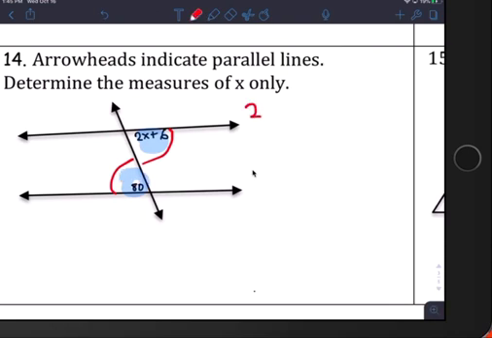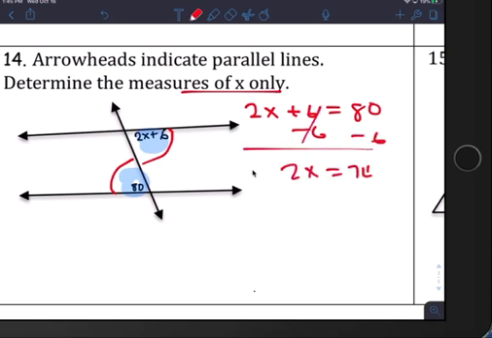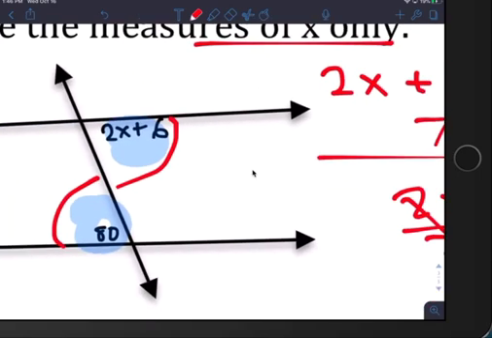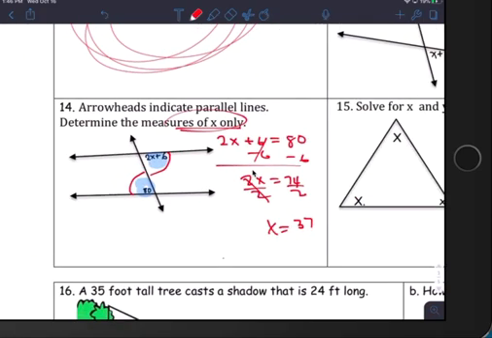So you put 2x, you're solving for x only, plus 6 equals 80, minus 6 minus 6, 2x equals 74. Okay, you get 37. X is 37 degrees, so we don't have to find all the angles, so we can leave it alone.